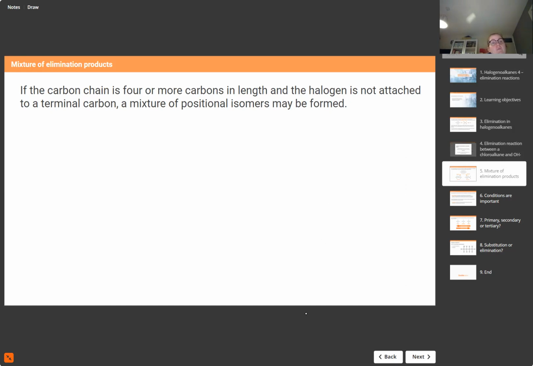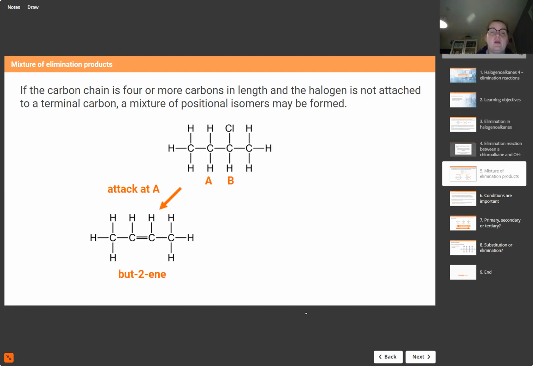When we are going through elimination reactions, if our carbon chain is 4 or more carbons in length and our halogen is not on the terminal carbon, we may get a mixture of positional isomers being formed. So it all depends on where the hydroxide ion is going to attack. If the hydroxide ion comes in and attacks at A, this is what will happen when we get but-2-ene. If it attacks at B, we will get but-1-ene forming.